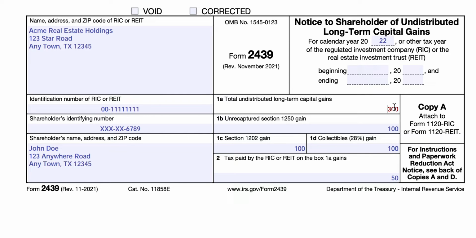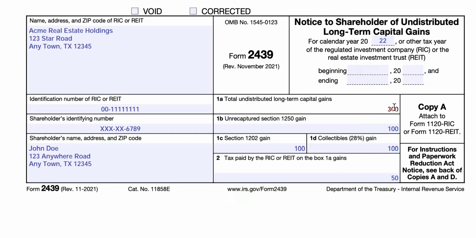So for shareholders, you would report this information as a long-term capital gain on Schedule D of your tax return. So for individuals, you would put this on line 11 of column H of Schedule D for your Form 1040. Estates and trusts would report this in the appropriate line on Schedule D of your Form 1041. For corporate shareholders, this amount is reported on IRS Form 8929, Schedule D.